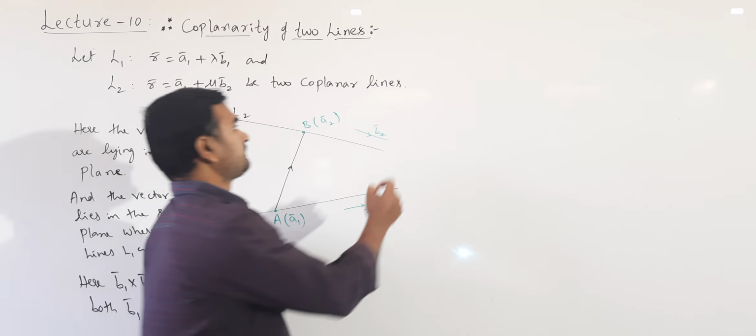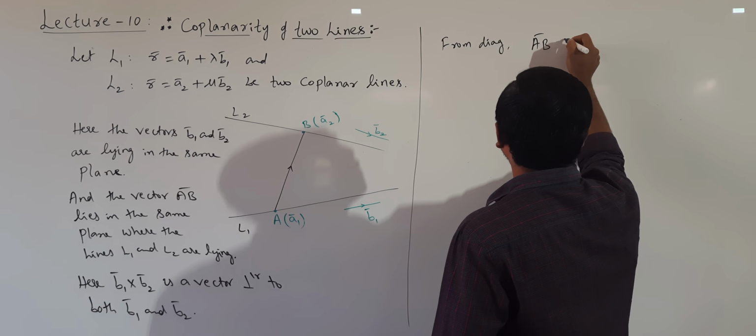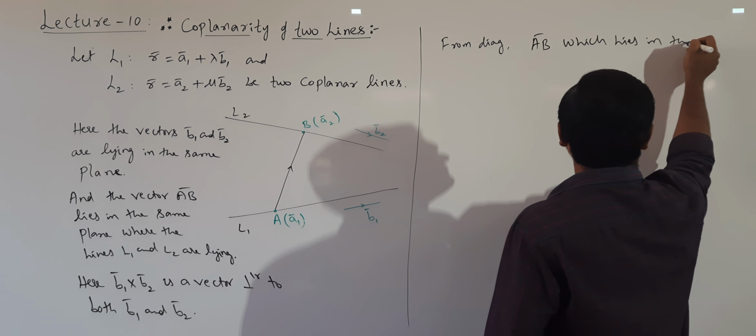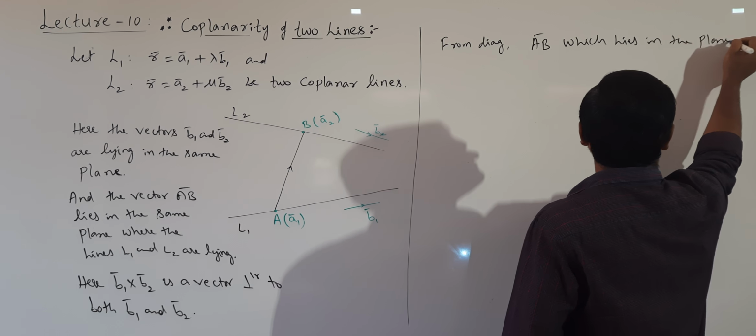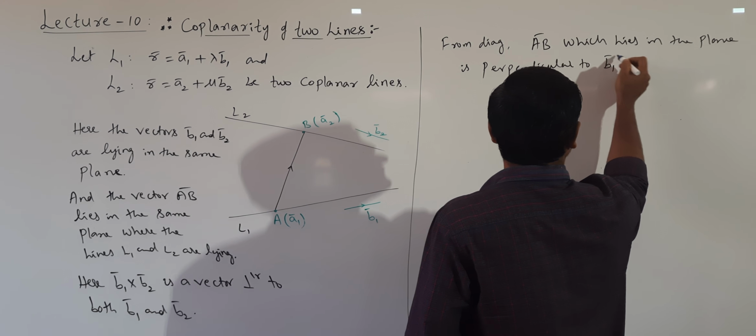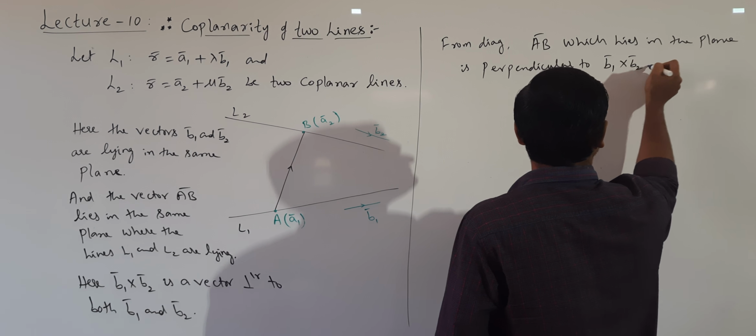So from the diagram, what we observe is that vector AB bar, which lies in the plane, is perpendicular to B1 bar cross B2 bar.